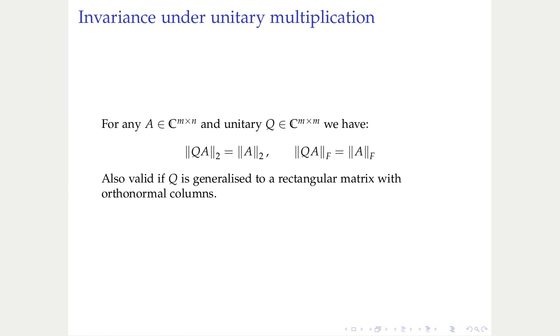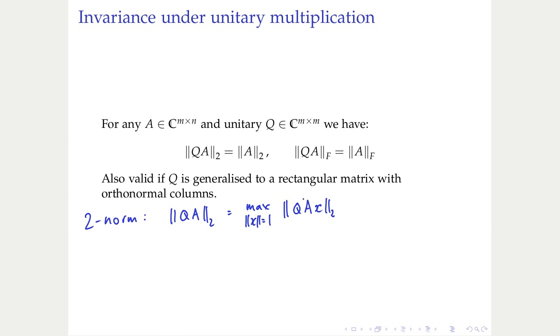Okay, so let's look at the 2 norm first. Well, what is the norm of QA? That's equal to the maximum over norm x equals 1 of the 2 norm of QAx.